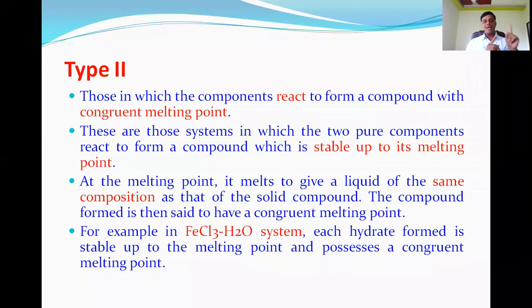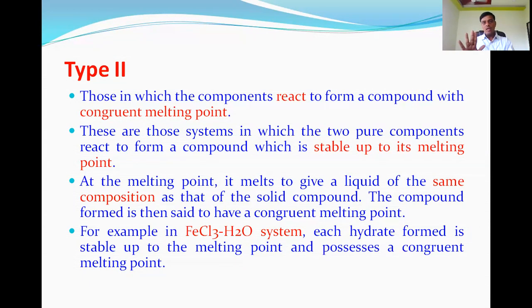For example, A is one component, B is another pure independent component. When these two, A and B, in their molten form, म्हणजे त्यांना वितळलेल्या अवस्थेत दोन्ही कंपाऊंडच्या त्यांच्या त्यांच्या वितळलेल्या अवस्थेत जर मिक्स केलं तर ते मिक्स होतात. त्याचबरोबर they react with each other to form the third compound, per se AB. Okay, when A is mixed with B, they react with each other and form AB, a new compound. Okay, A, B and AB.